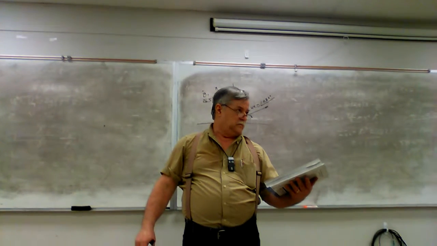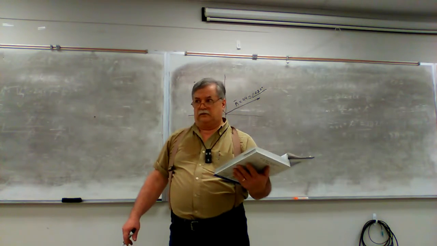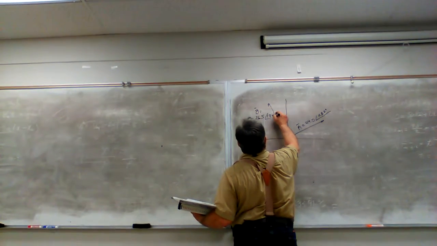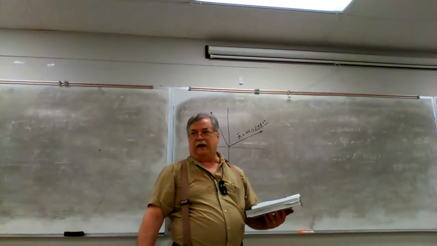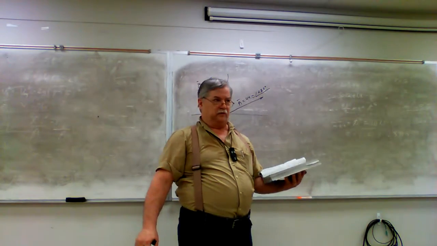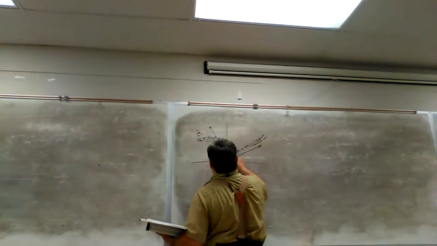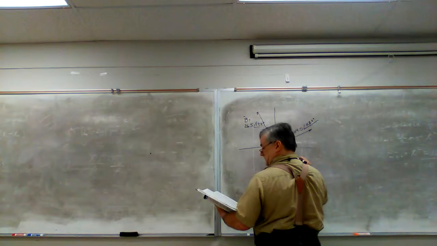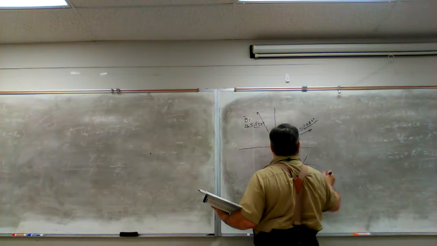Is that 180 minus 56? Somebody confirm that. 124 degrees, 180 degrees minus 56 degrees. And we've got C, 31.0 somethings at what angle?